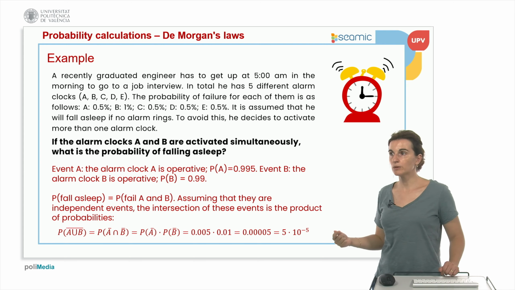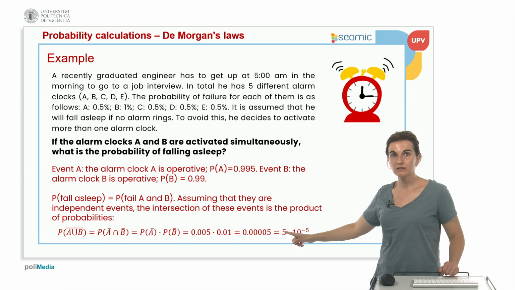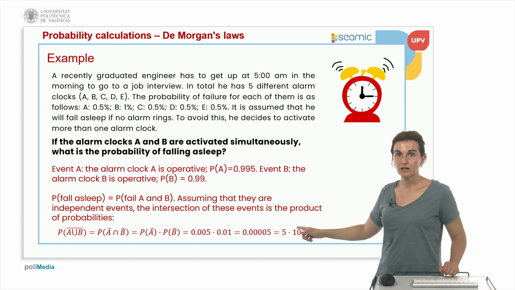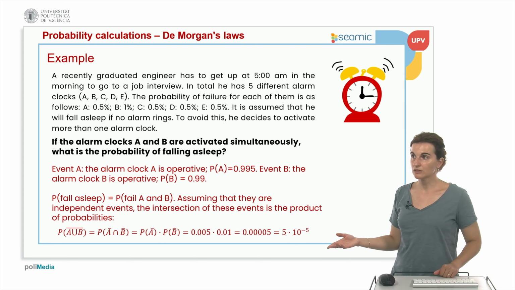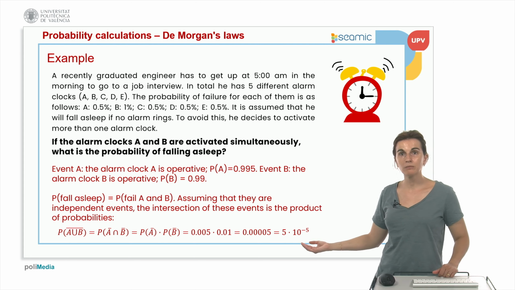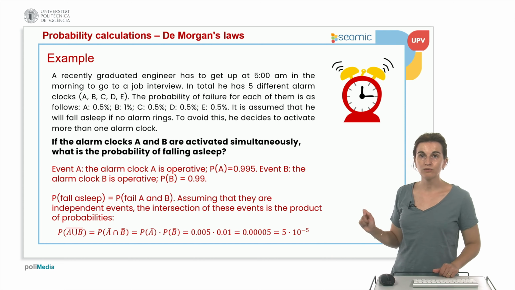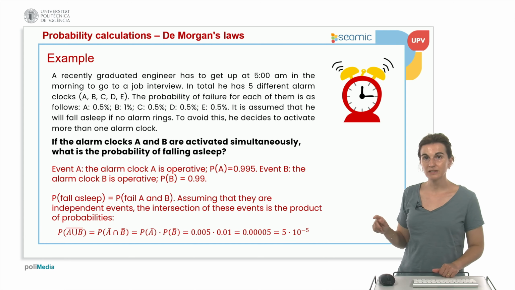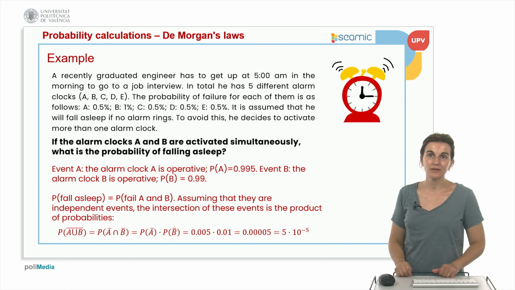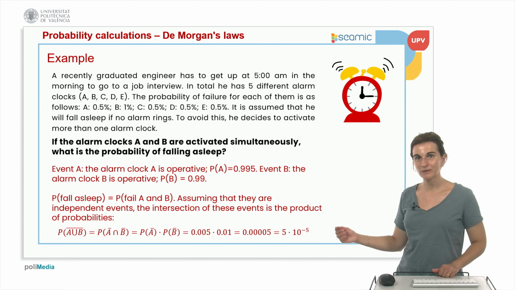So this can be decomposed as the probability of no A times the probability of no B, applying the probability of independent events. So if we substitute the probabilities for each of the events, we will obtain this small probability, which is the probability of falling asleep. That means none of the clocks are working, A and B, and that means that eventually he will arrive late, which fortunately is a very small probability.